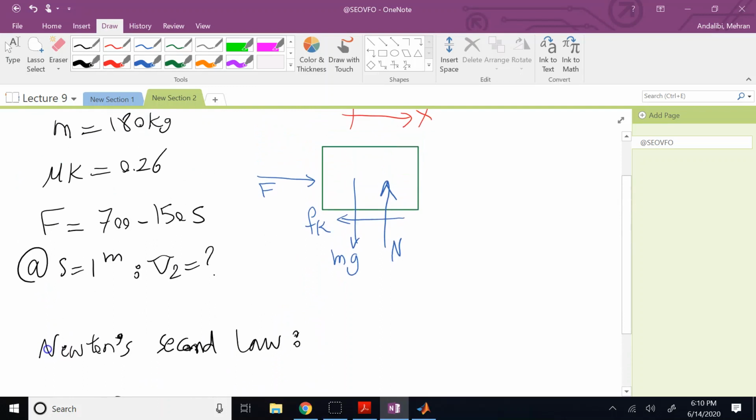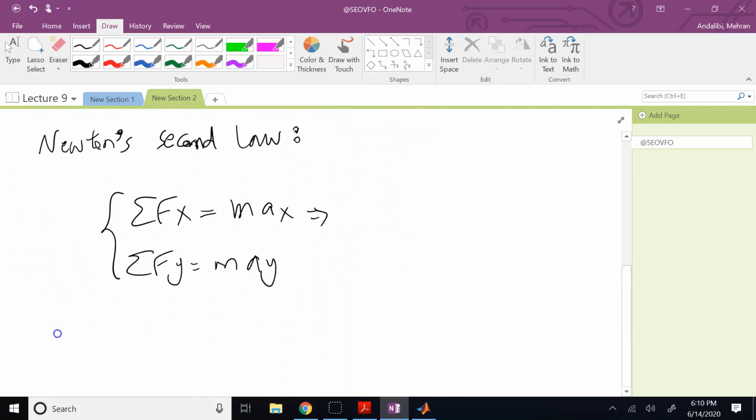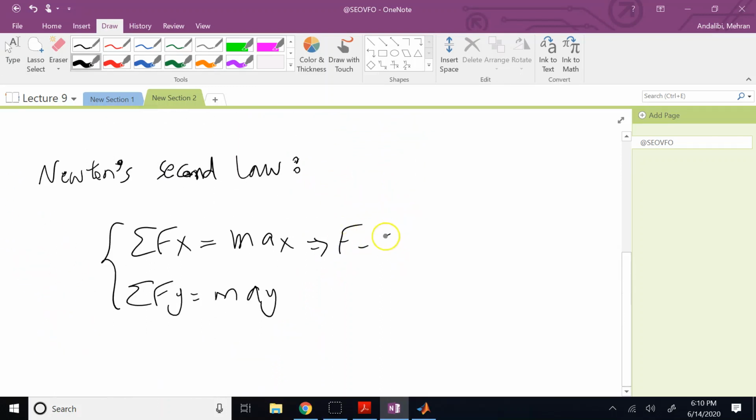Now in the x direction we have F minus F_K, and in the y direction, I have N minus mg.